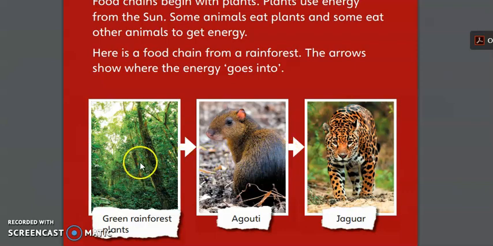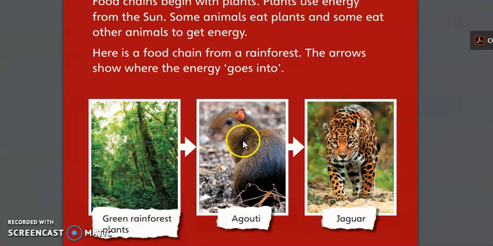So now here we have a food chain from a rainforest, and these arrows show where the energy goes to. So from the plant, the energy moves to the animal, and then the energy moves to the other animal. So you can see this is a green rainforest plant. It gets the light from the sun, okay? So from that light, the plant is able to get the energy and make its own food.